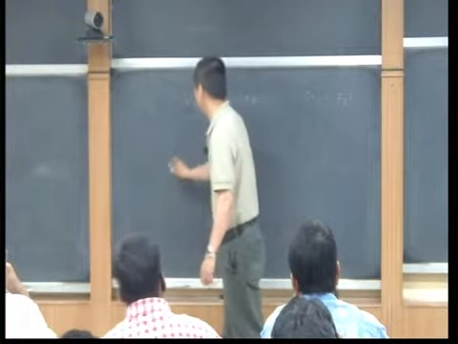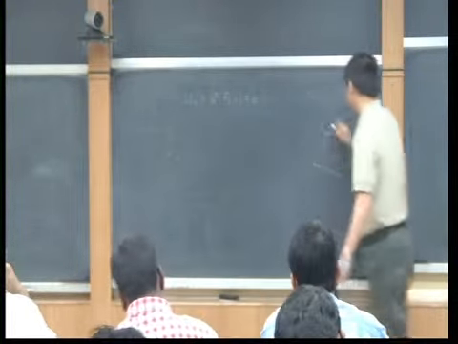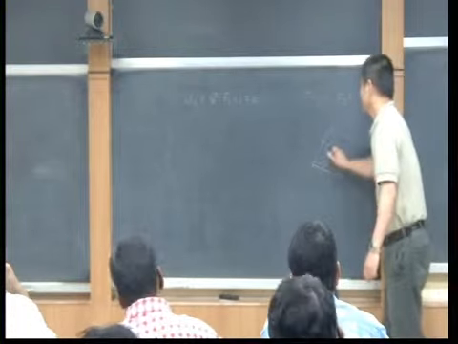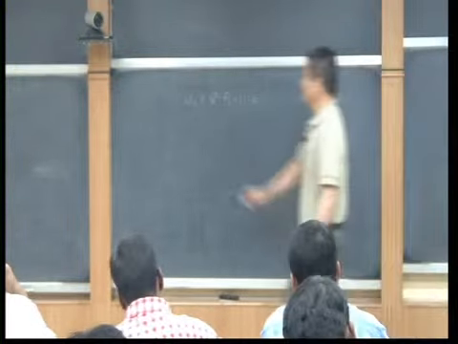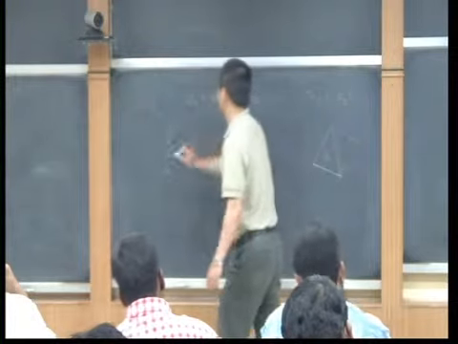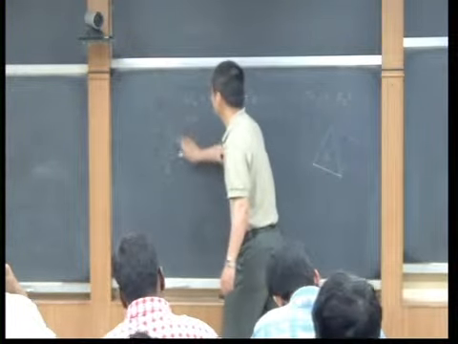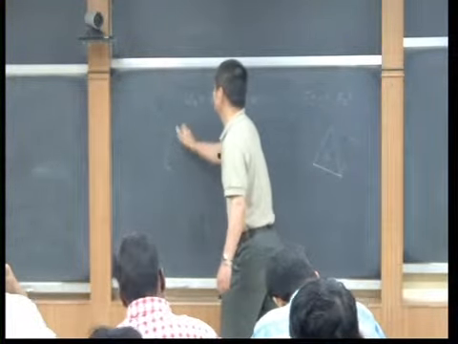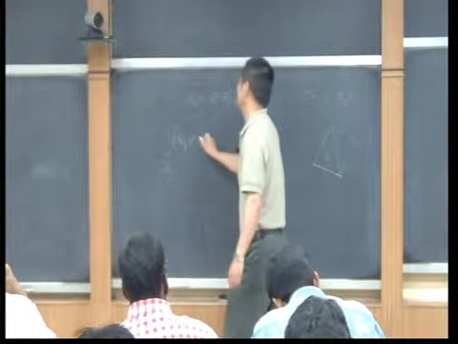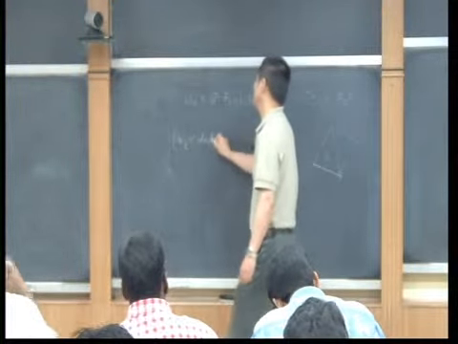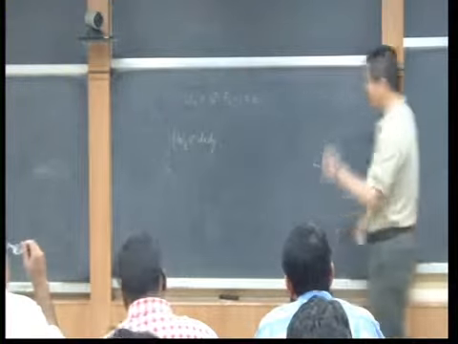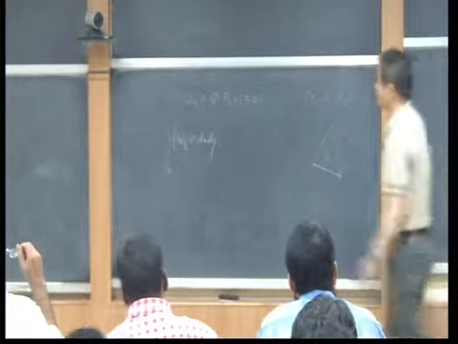Same formulation. So you have a triangulation. So there's a mesh K here. So you have the integral over K of u_h t times v(x,y). This is this term.